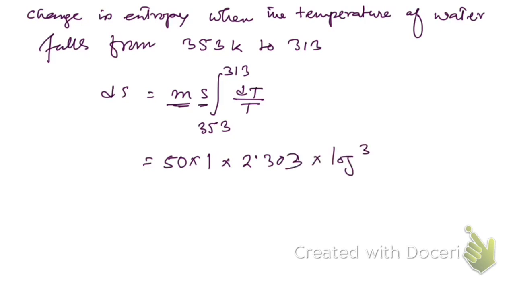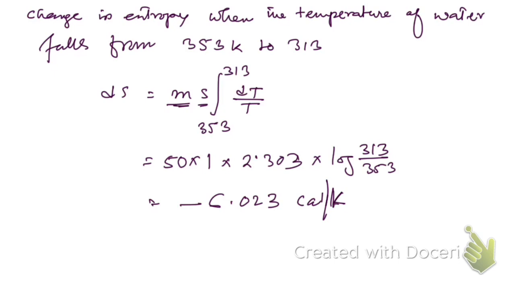The upper limit is 313 now and the lower limit is 353, and if you use the calculator, you're going to get this value, minus 6.023 calorie per Kelvin.